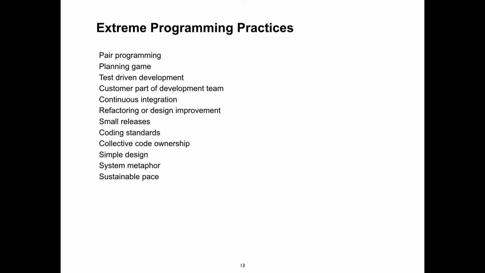Coding standards, simple design. At the time, the creator Kent Beck said, if the practice is good, let's turn the dial all the way up to 10. So instead of programming and then having a code review, why not do it in pairs? So you're basically always doing code reviews. You get two people.